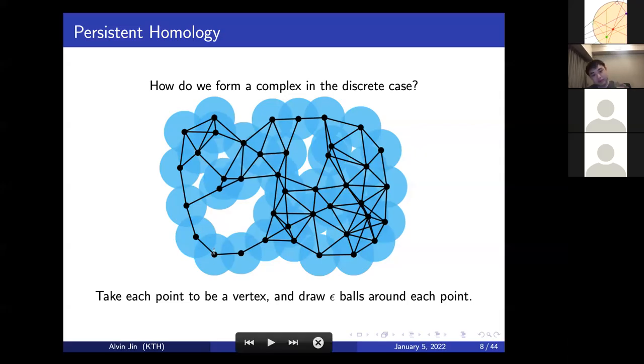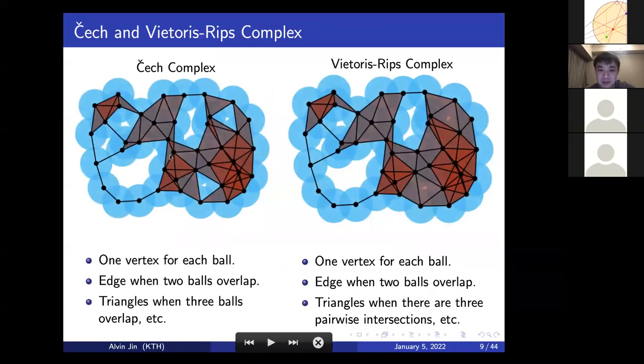So pretty much, I'm just going to look at how many balls intersect. And this epsilon here is going to be the radius of the ball. So I can vary the radius of the ball to whatever I want, and I'm going to study the complex that arises out of varying this parameter. And these are the complexes that arise.